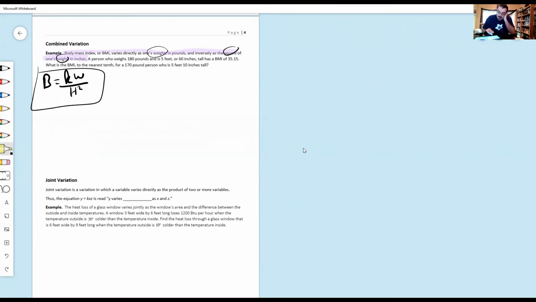So a person who weighs 180 pounds and is 5 feet or 60 inches tall, remember, heights in inches, that's important, has a BMI of 35.15. So what do we have? Weight is 180.